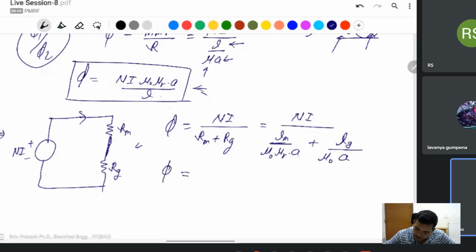Then you can take the LCM for the denominator.